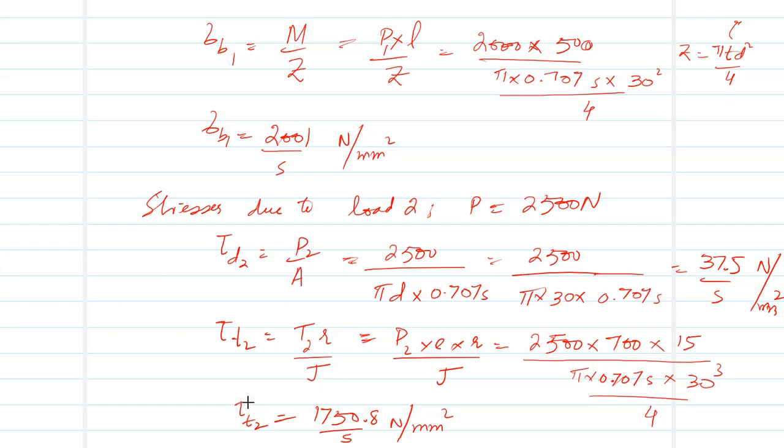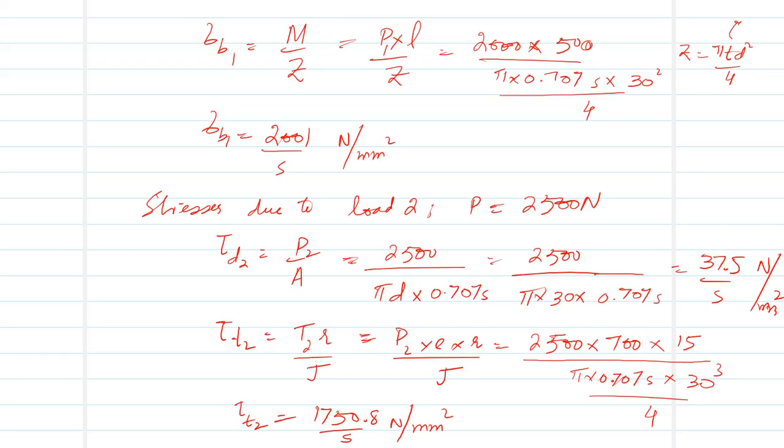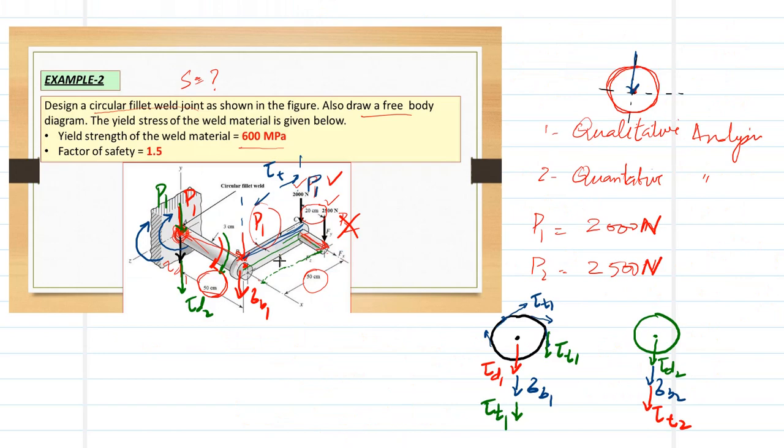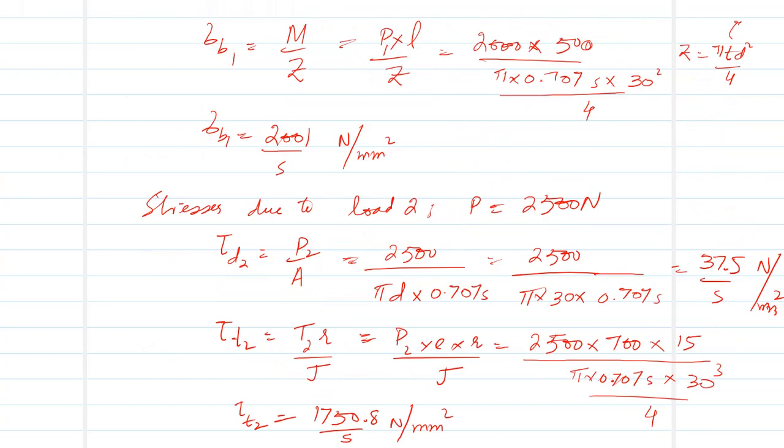The last value is for sigma B. So sigma B2 is equal to M2 over Z. Sorry, there is a problem. In case of the torsional shear stress, this is for the bending arm. For torsional shear stress, the arm will remain the same, so instead of 700, we will write 500. I'm repeating: this is for torsional shear.